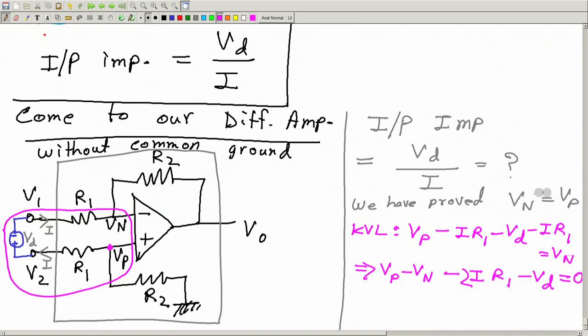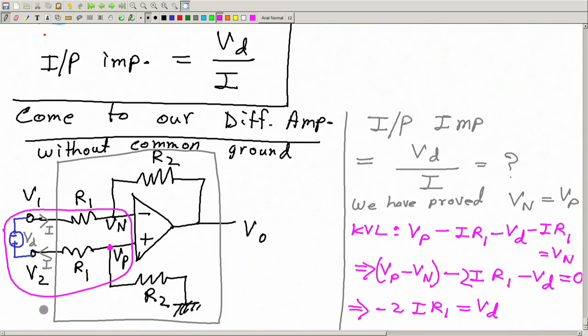Now we know Vp is equal to Vn, so this part is 0. So from this we can write that minus 2 IR1 is equal to Vd.